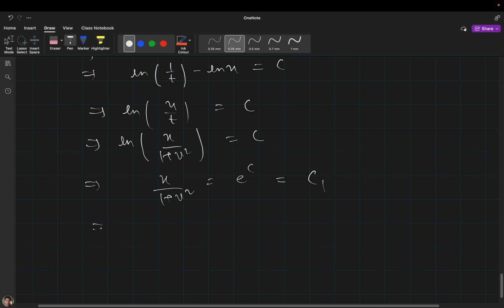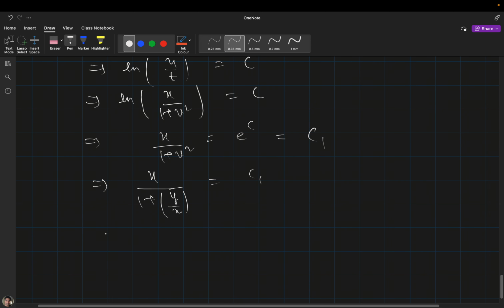So x divided by 1 plus, and you can see that v is nothing but y by x, equal to c1. Now this will become x square divided by x square plus y square.